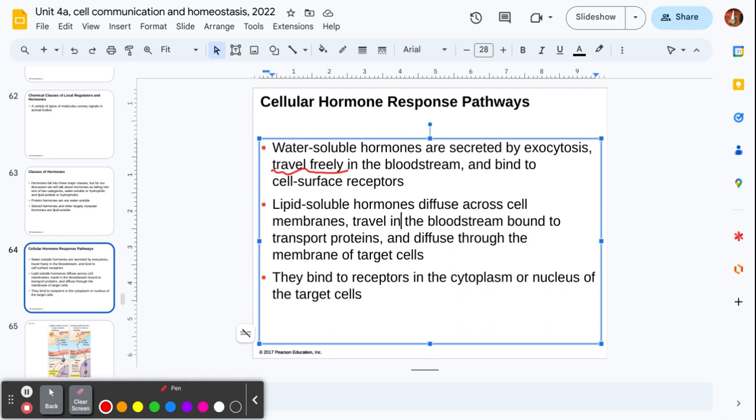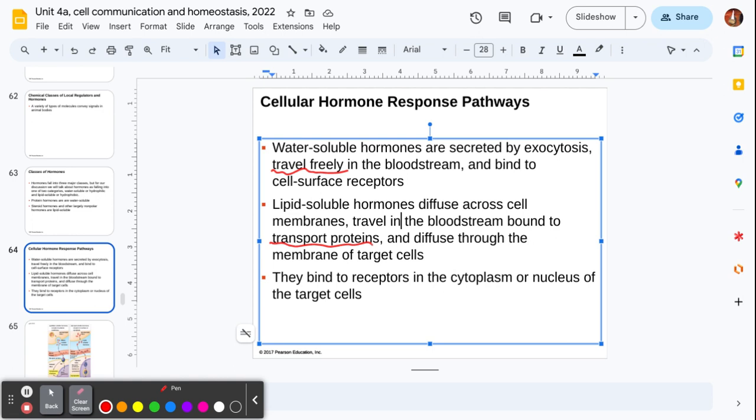If you're lipid soluble, can you go through the bloodstream on your own? No, you actually need a carrier. You'll get a carrier, a transport protein, to get through the bloodstream. However, once you get to the cell membrane, it is lipid-friendly.